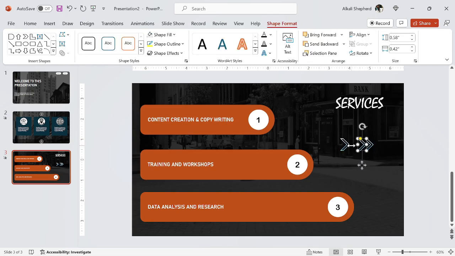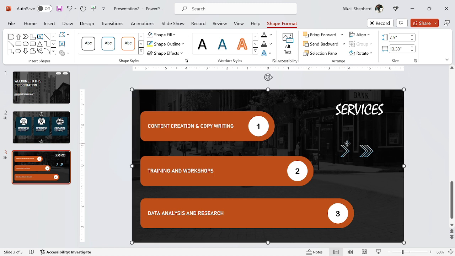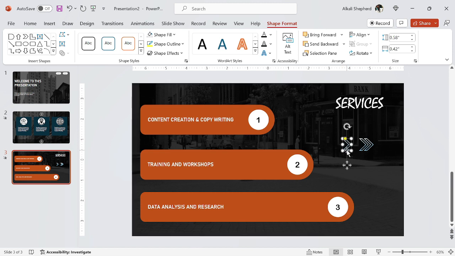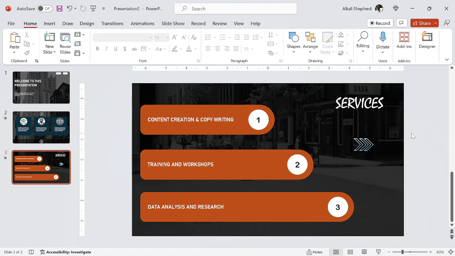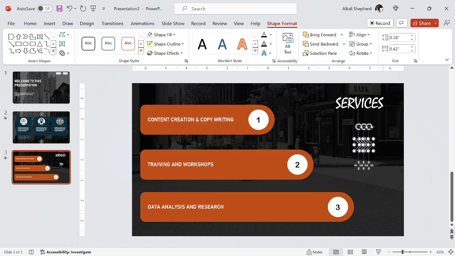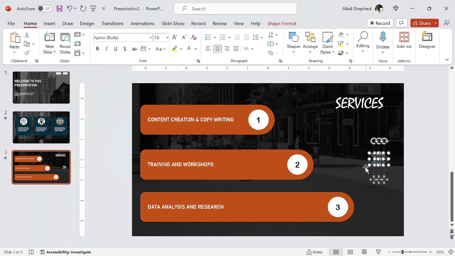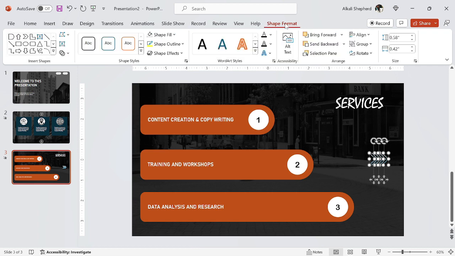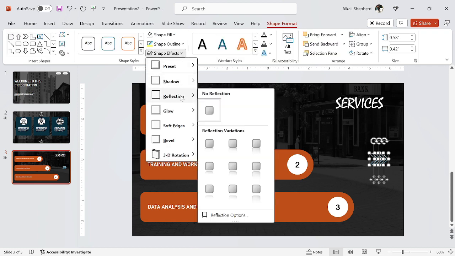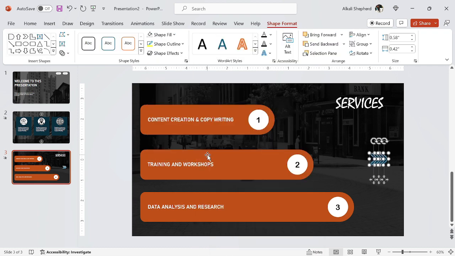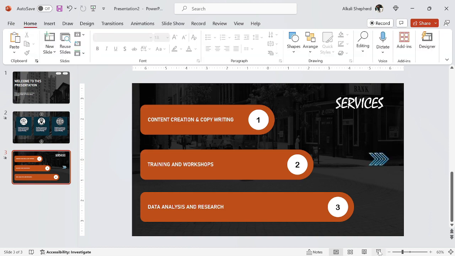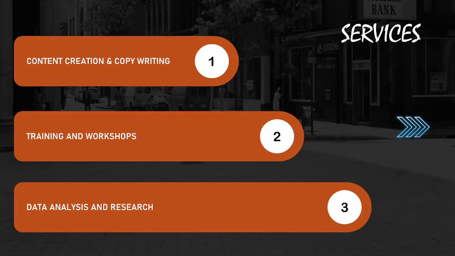Place them very close to each other with very little space in between them. Select everything once more. Come to shape format, then distribute horizontally. Then adjust the position of these shapes like this. You can add a glow to this, and this is what you have. You should have something like this.